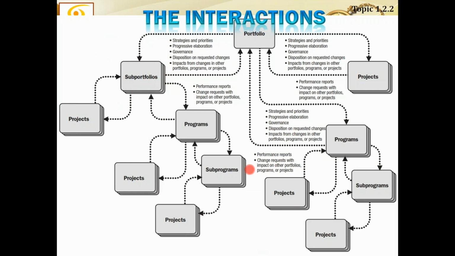We'll talk about the sub-portfolio later. Under the portfolio, we also have a program. You see, the same things are being input here and the same things are going back, almost the same.